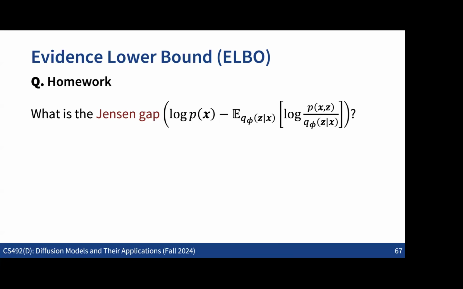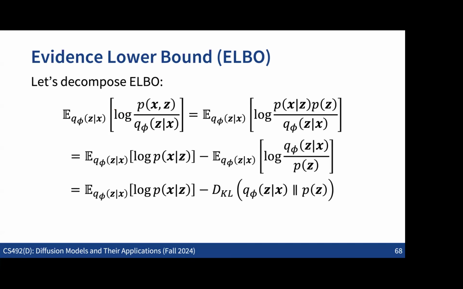Clear? As the last slide, let's quickly see this. What we want to do is work on this ELBO, the lower bound, and see how we can maximize this. To maximize this, we first decompose this into two terms.